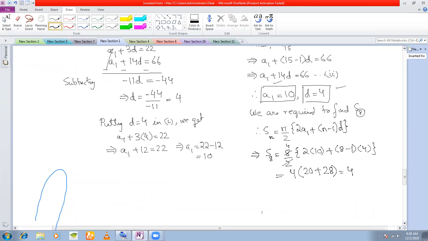So that's 4 into 48. And 4 into 48 is 200 minus 8, which is 192. So that is the sum. An important sum because this was a combination of both the exercises. We now move on to the next sum, which is 13.2. Problem number 13.2.